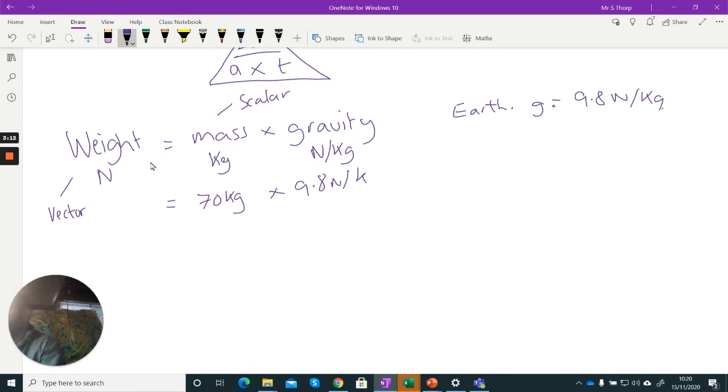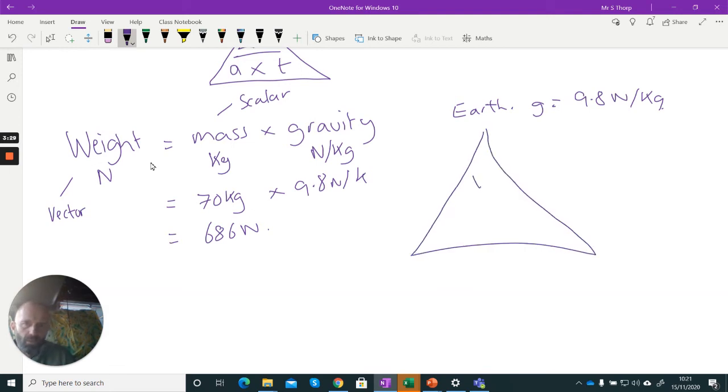I'll just grab my calculator so we can actually get an answer out. So 70 times by 9.8 is equal to 686 newtons. And putting it into a triangle, we have weight is mass times gravity.